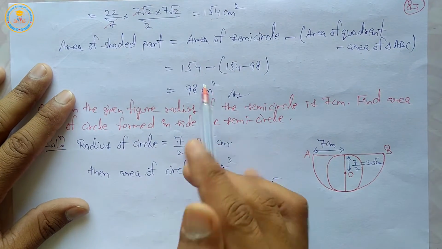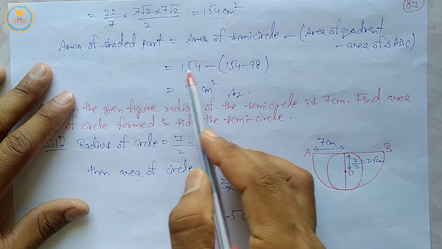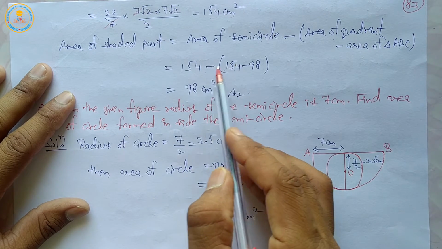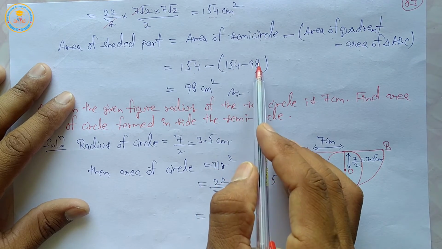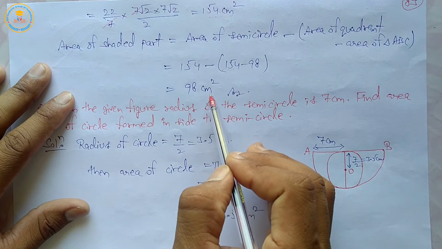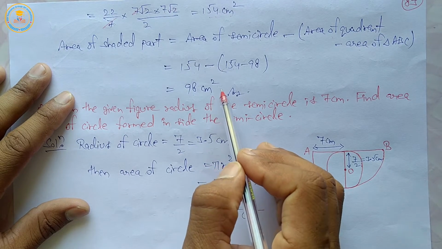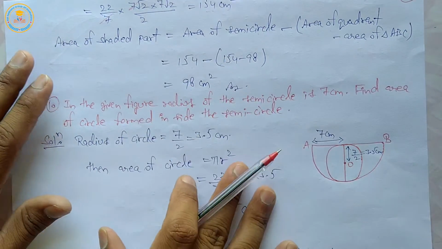Put here 98. 154 as it is, minus 154 cancel out, minus into minus is plus, so plus 98. So area of shaded part is 98 centimeter square, that is the answer. Okay, understood?